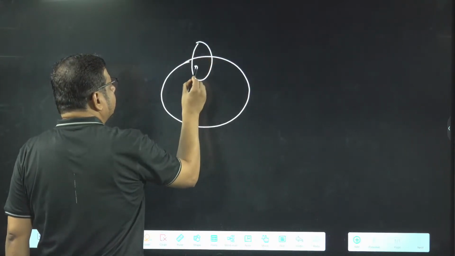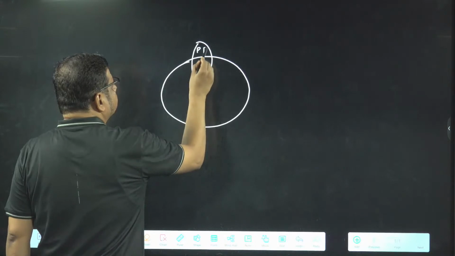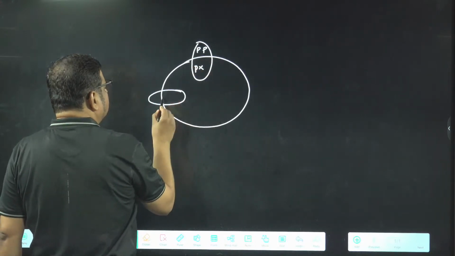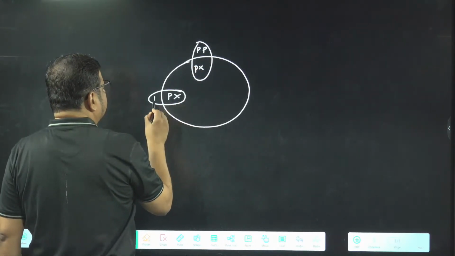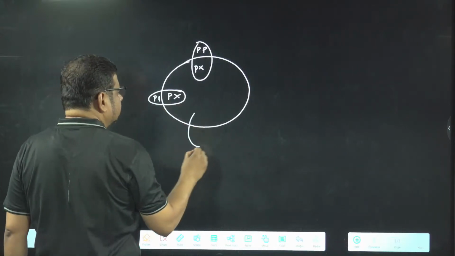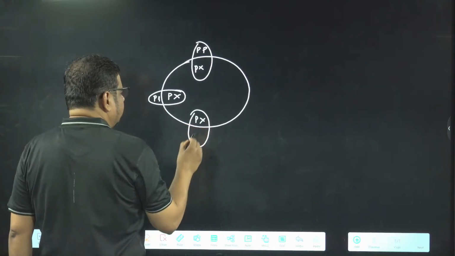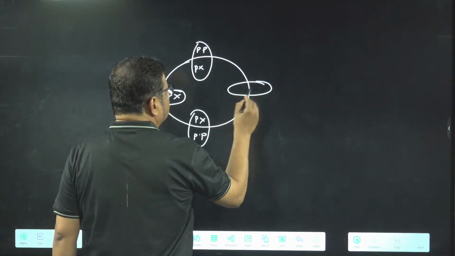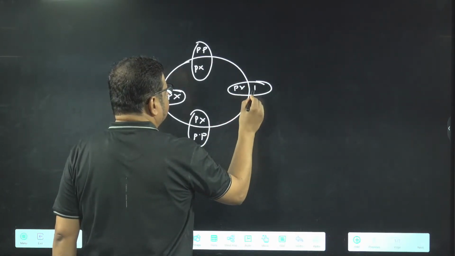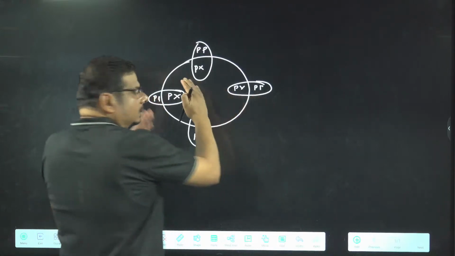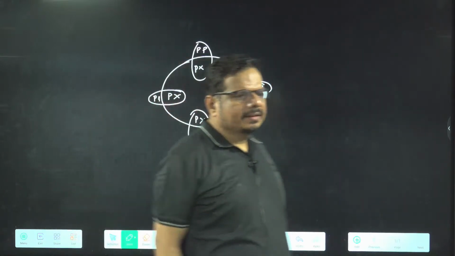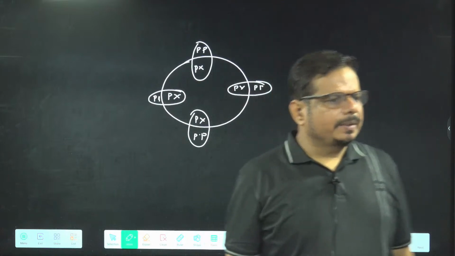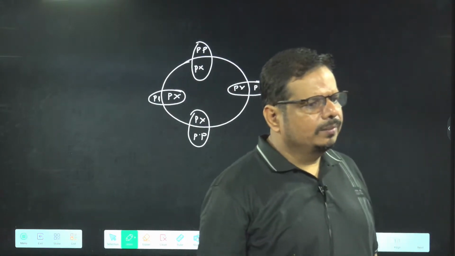This is primary xylem, primary phloem, primary xylem, primary phloem. So how does the girth increase? That is over, na? Spring wood, late wood over, right? Over?